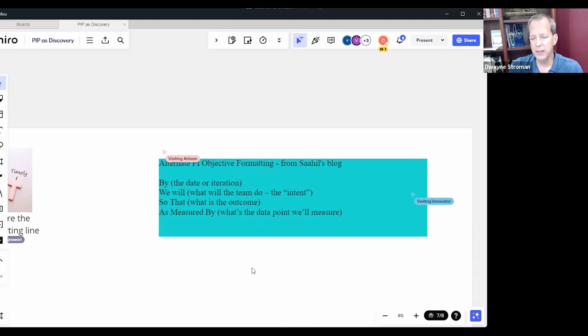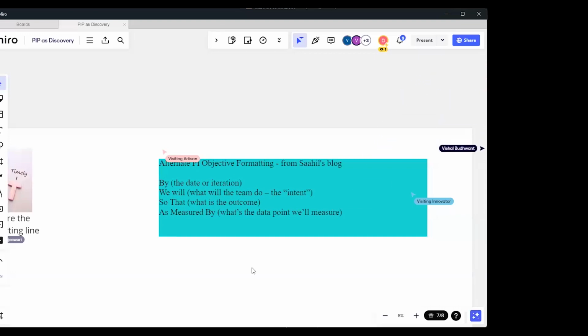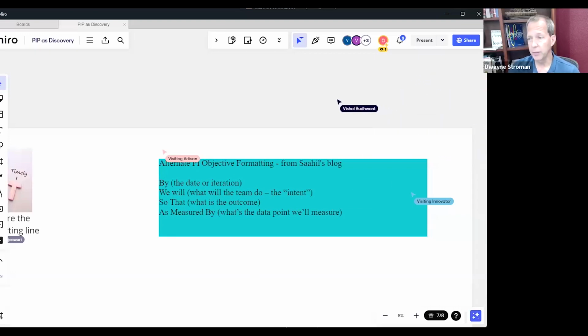So instead of stating the objective in unformatted terms, we say, hey, by this point, maybe the end of the PI, we intend to do this. And here's the reason, so we get this outcome. And it'll be measured by, here's how we're going to measure it. That's where you're going to get really valuable objectives, and you'll have great conversations with business owners when they see this format. Incredibly powerful.